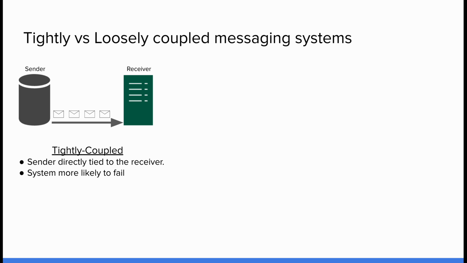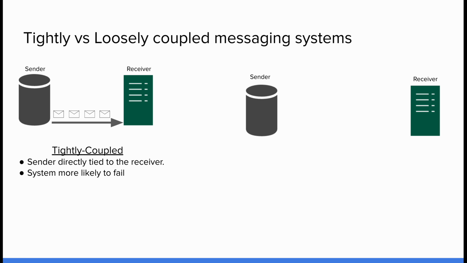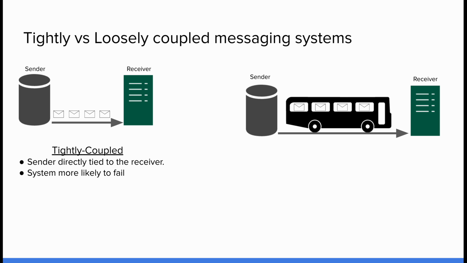In contrast, imagine the sender and the receiver again, but this time with a vehicle between them. So we can call this a message bus, or what we might call a buffer, between the sender and the receiver. Here, the messages are placed into a queue on the message bus.